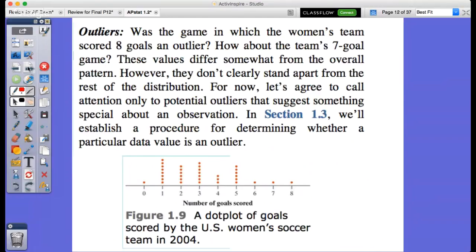A lot of times we throw that out when calculating things like center and standard deviation. For right now, all I need you to know is that 8 could possibly be an outlier because it's way away from the rest of the data that's more towards numbers 0, 1, 2, 3, 4, and 5.